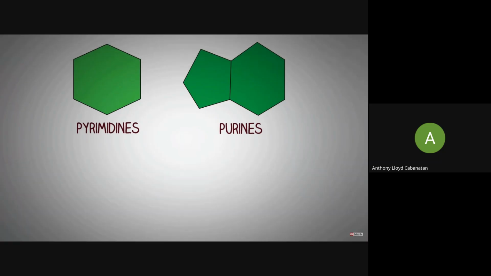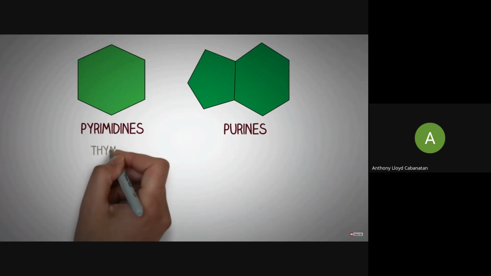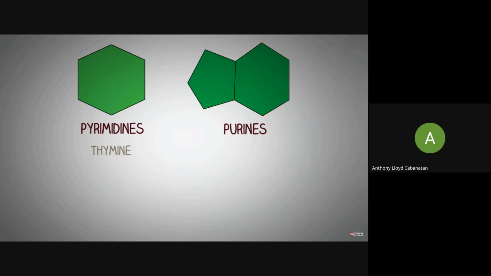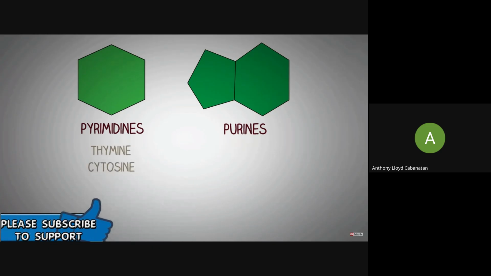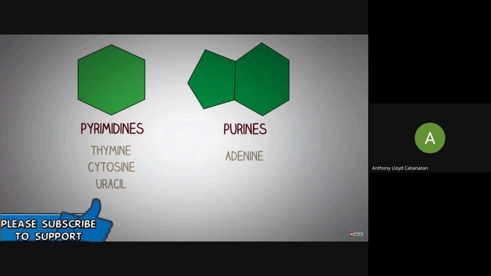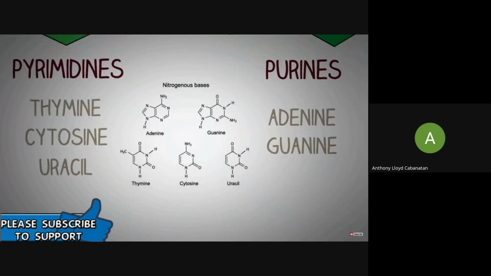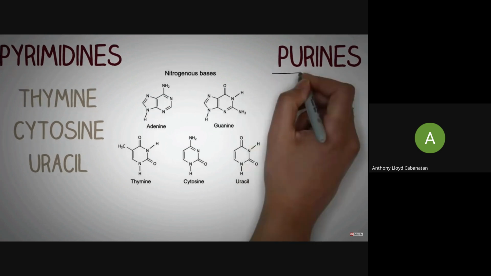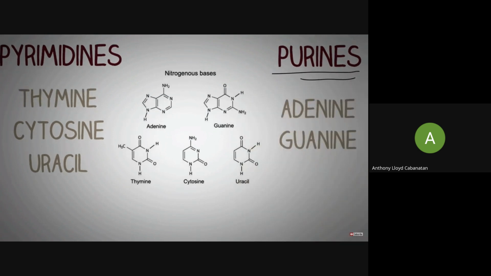We have 3 different types of pyrimidines, the thymine, cytosine, and the uracil. And we have 2 different types of purines called adenine and guanine. In the center, you can see the chemical structure of each of these bases. As you can see, the purines, which are double ring structures, adenine and guanine.